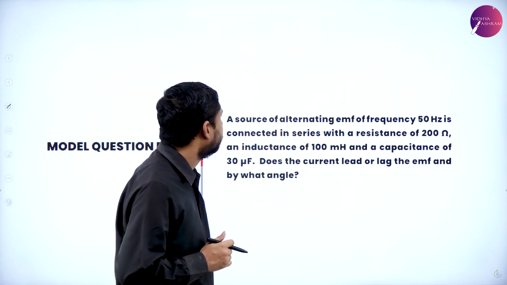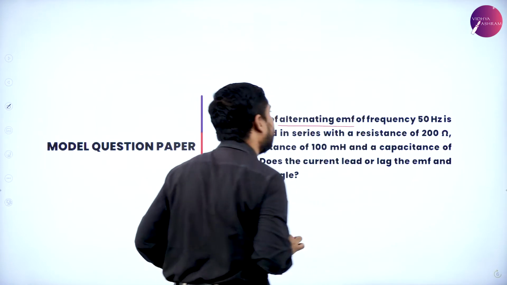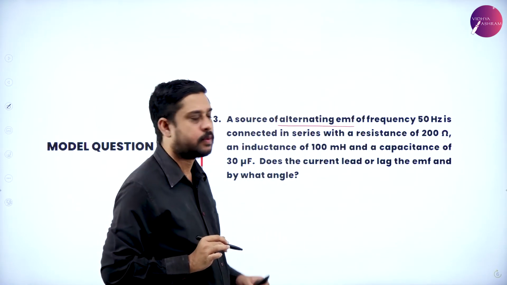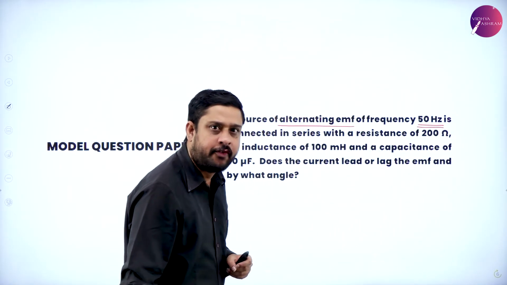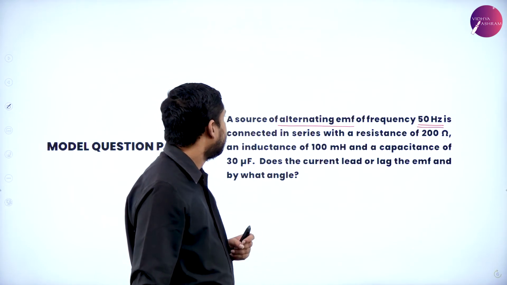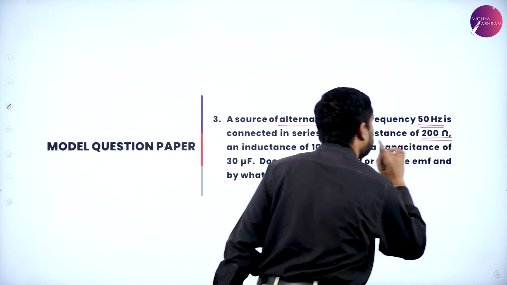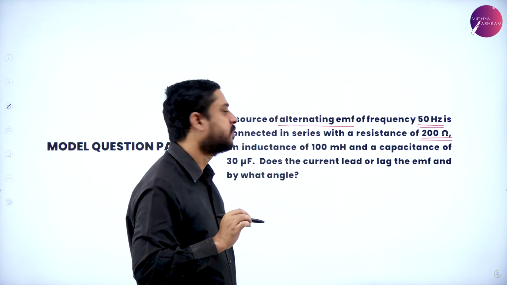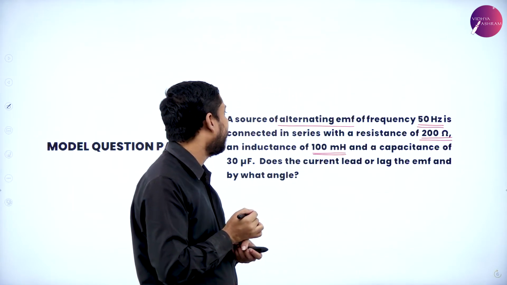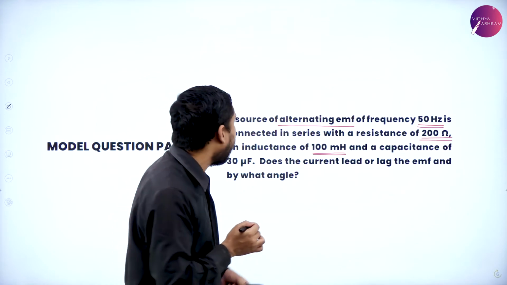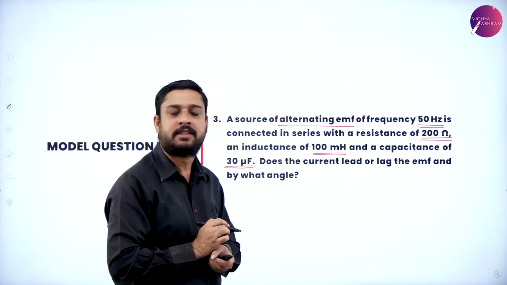The problem says a source of alternating EMF of frequency 50 Hertz is connected in series with a resistance of 200 ohms, inductance of 100 millihenry, and a capacitance of 30 microfarad.